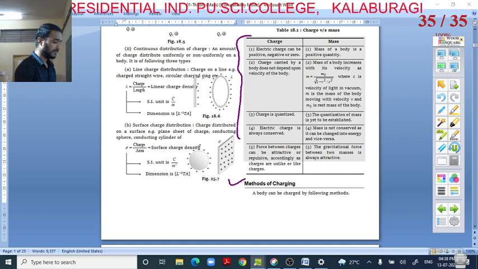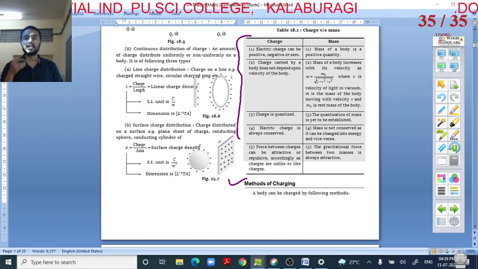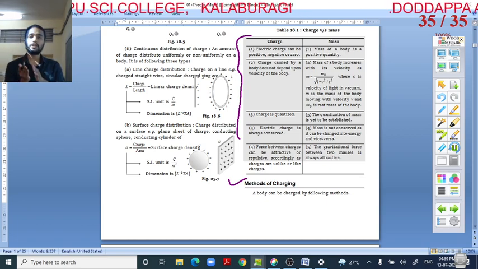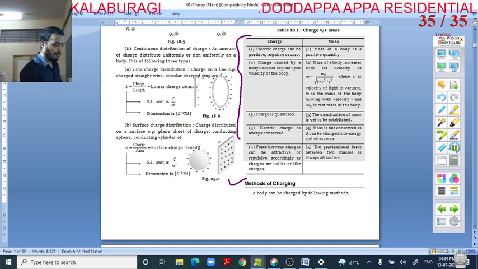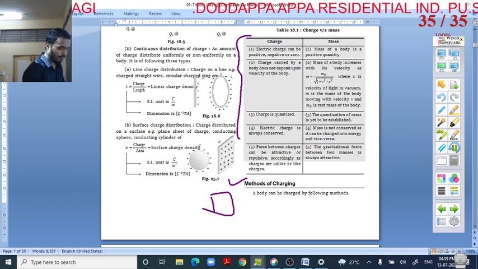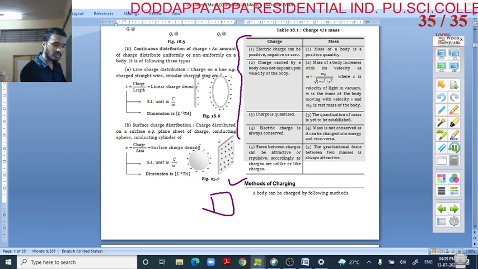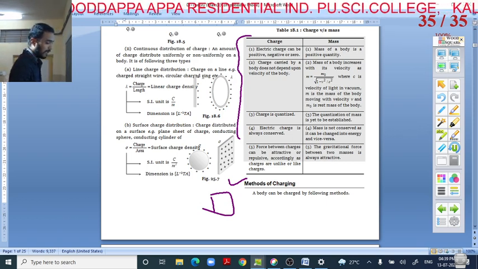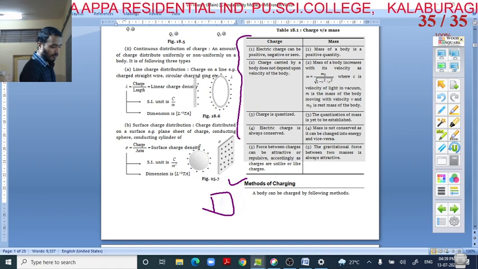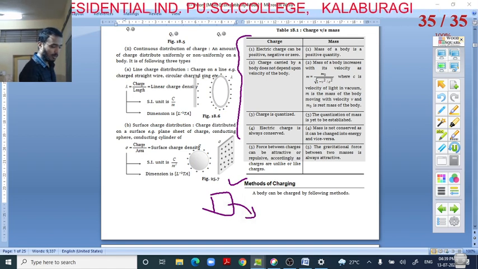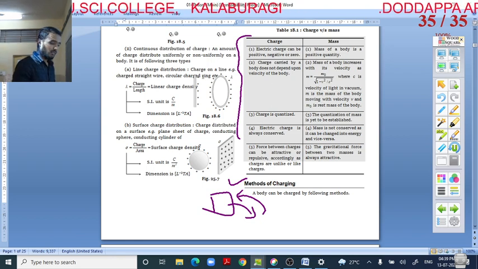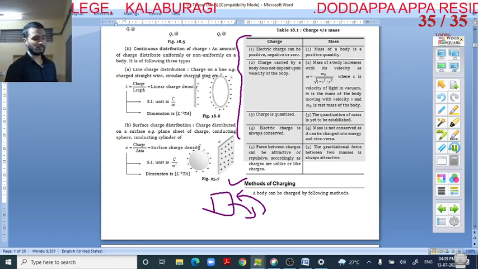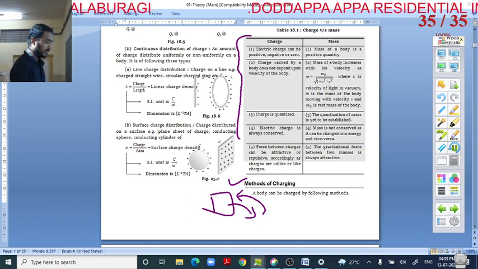Next comes how we can charge an uncharged body. By removing charges or by adding charges to the body, we can make the body charged.